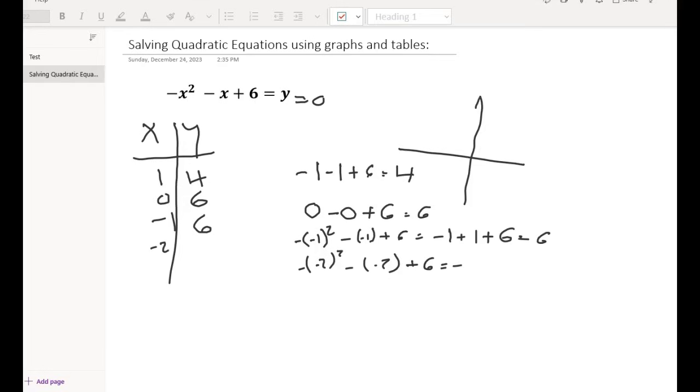Minus 2 squared is positive 4, and we have a minus, so we get minus 4, minus minus 2 is plus 2, plus 6. We got 8 minus 4 is 4. So where x is minus 2, y is 4. Okay, let's just stop here and plot this in Excel and see what it looks like.